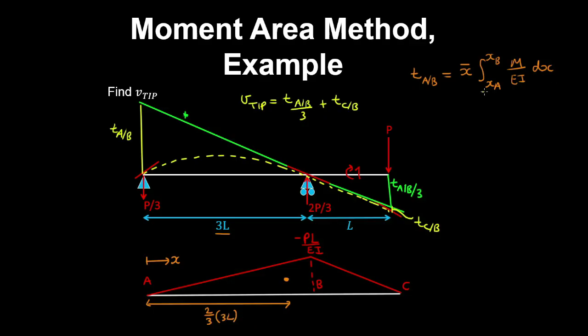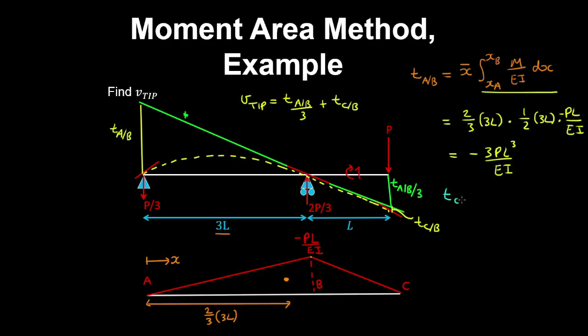And the area under the curvature diagram is obtained using geometry. So we have x bar multiplied by half the base, which is 1/2 by 3L, by the height of this triangle, which is minus PL on EI. So that gives minus 3PL cubed on EI.